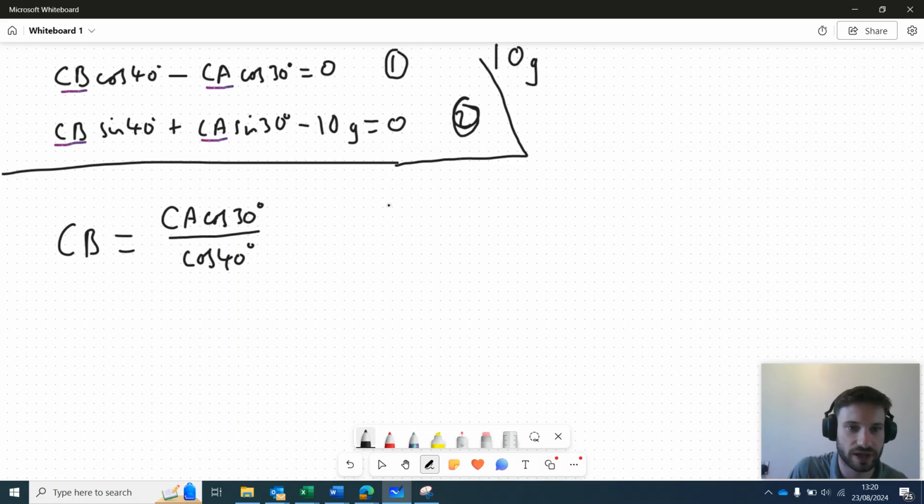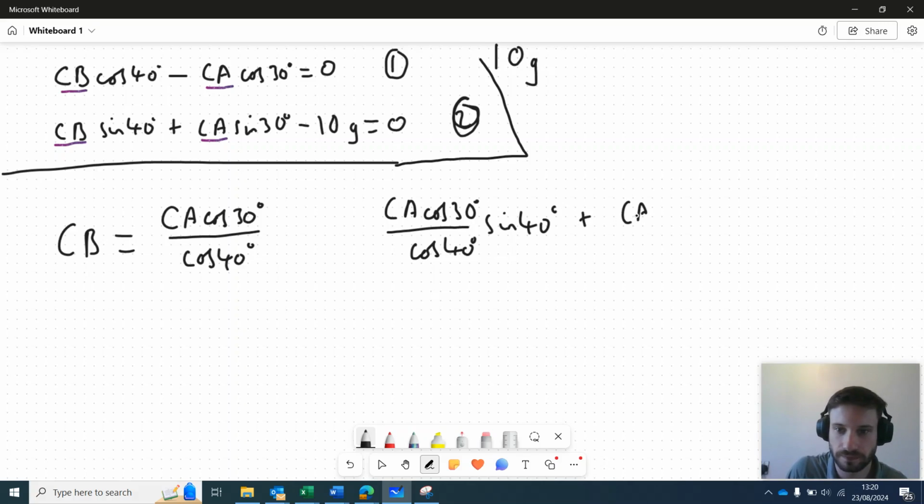So CA cos 30 over cos 40, times sine 40, plus CA sine 30 equals 10g. I'm just going to add 10g to both sides there.